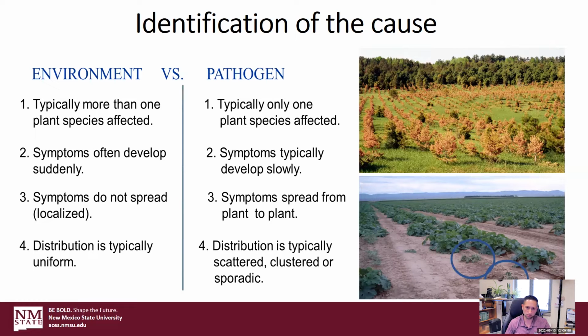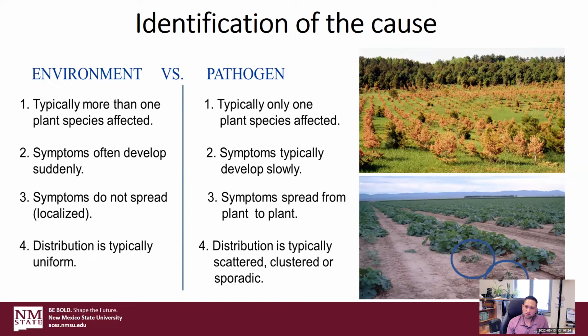So it's a localized issue. And other times the distribution pattern is typically uniform. So the whole row, the whole orchard, maybe a block from an orchard, that uniformity is a big telltale sign that it's an environmental issue.